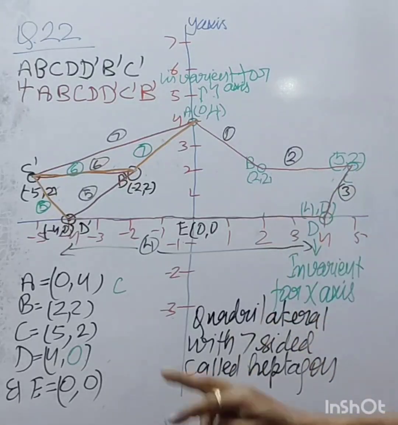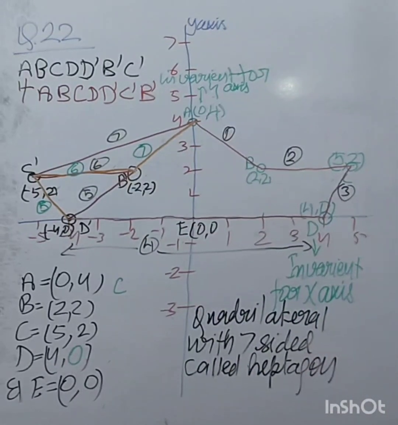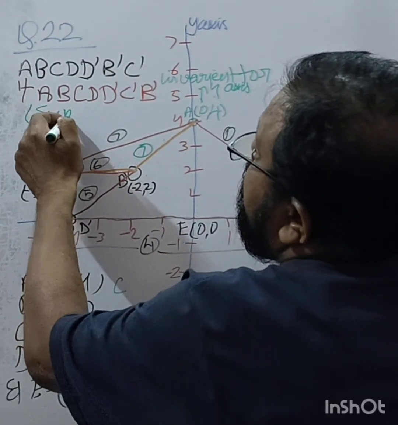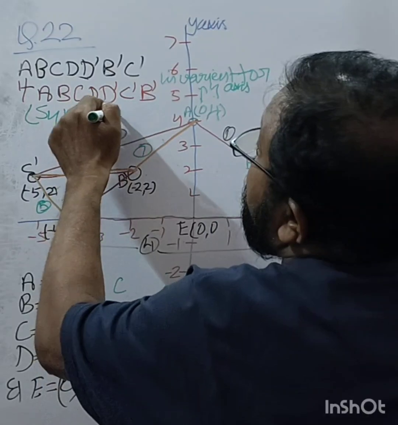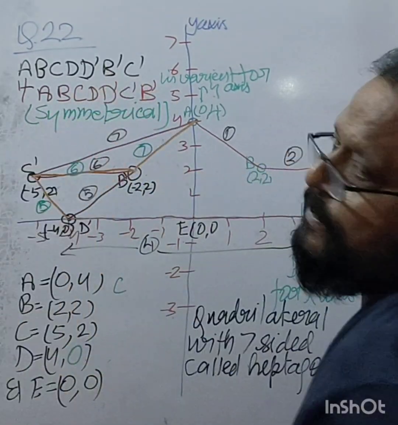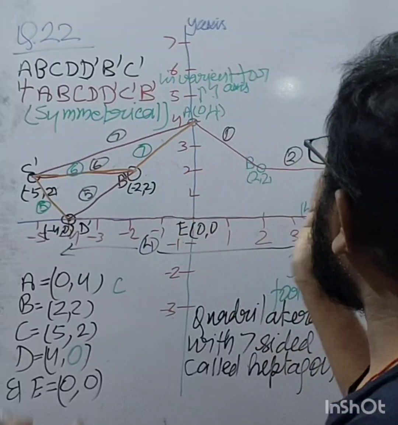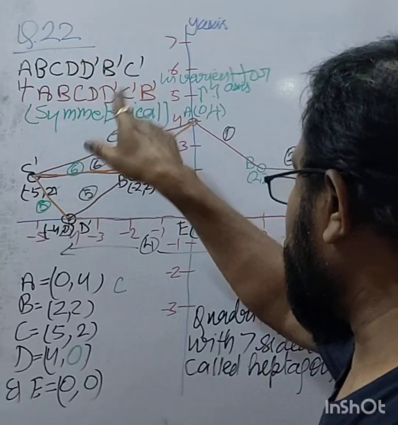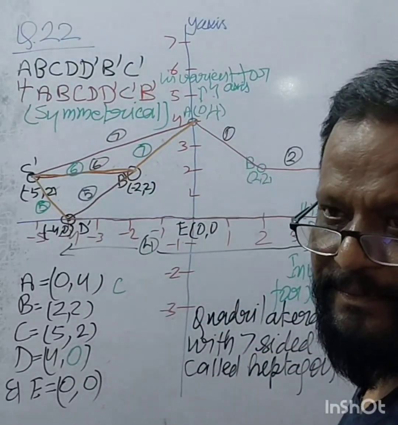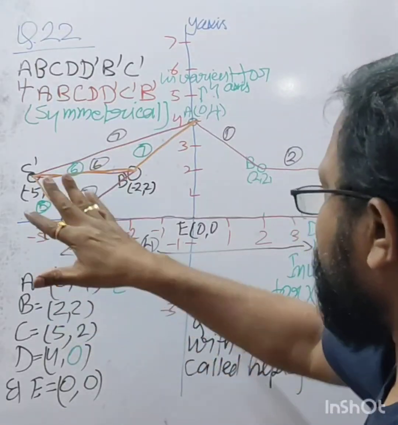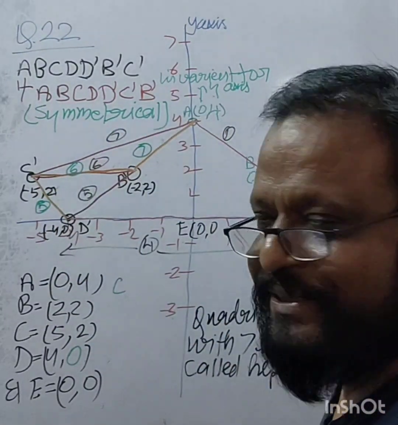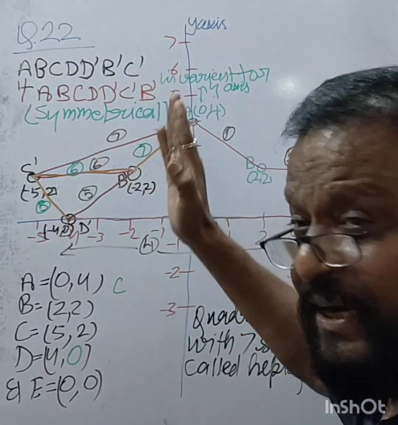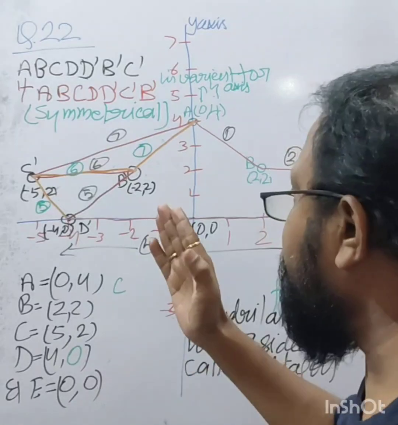This is symmetrical, right? Symmetrical means it is having equal halves. If you coincide it, they will overlap each other. So this is symmetrical, but this is not symmetrical. Geometrical means everything is geometry. This is also geometry.